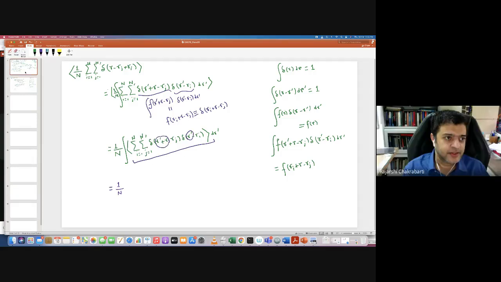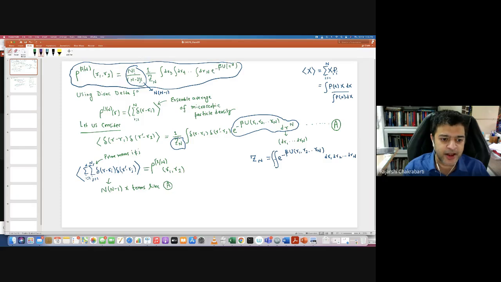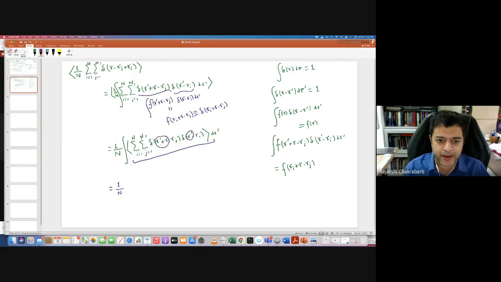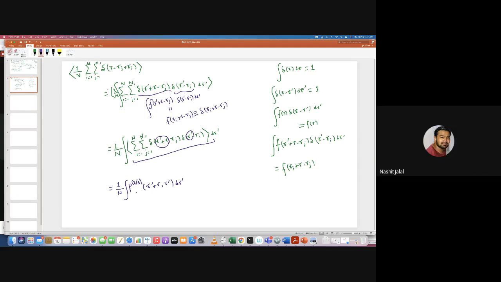Let's go to this expression: R minus Ri, R prime minus Rj. Here, R prime plus R minus Rj and R prime minus Ri. So basically, you have an integral of this, rho 2 by n at R prime. Is this clear?